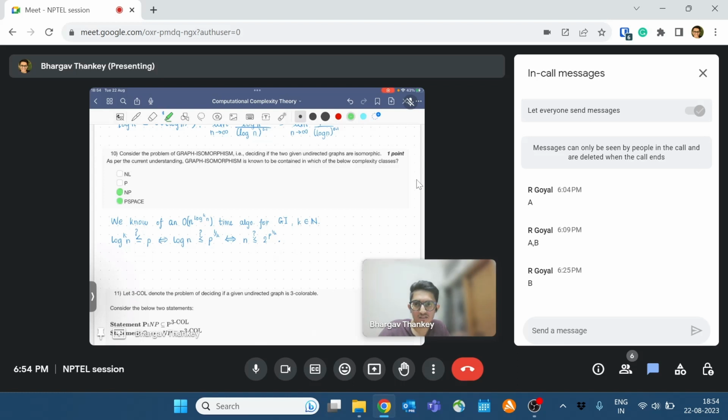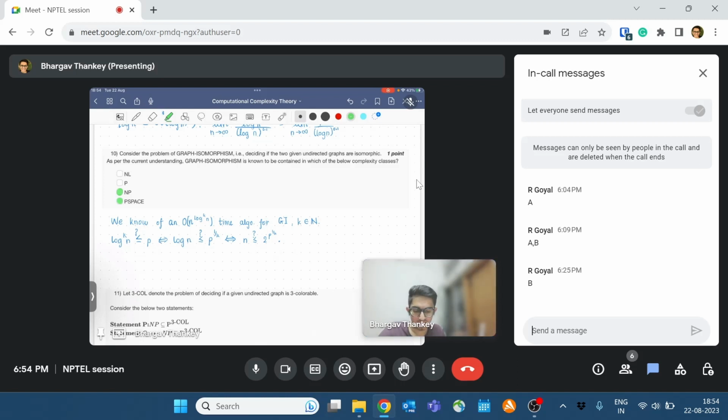So NL is not necessary, because NL is inside NP and not outside. In fact, if GI were in NL, then it would also be in P, right? Because NL is contained in P.